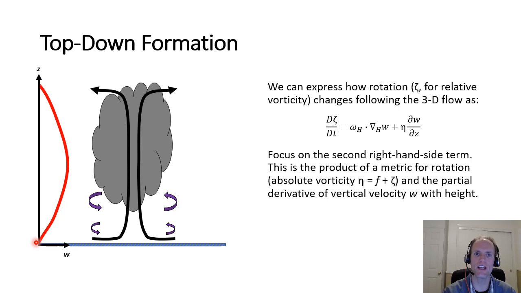Note that the greatest gradient of vertical velocity increasing upward is found here in the lower troposphere. It then becomes near zero into the middle troposphere, and then it becomes negative as you get to the upper troposphere. So at low levels here, which we'll add in the diagnostic here, the partial derivative of vertical velocity with height is positive.